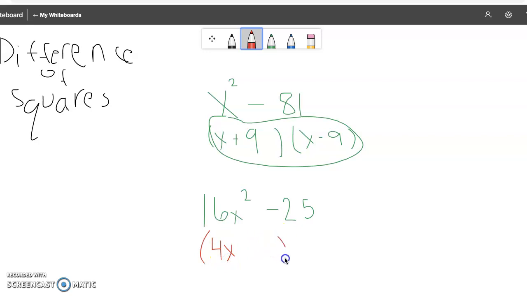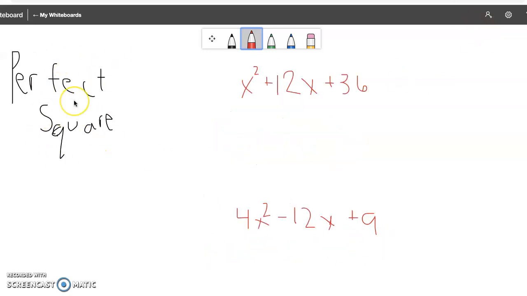So we have our 4x in each of our binomials as the first term. And then I'm going to go ahead and write one is plus, one is minus. You take the square root of 25, which is 5, so we fill that in. And you're done.